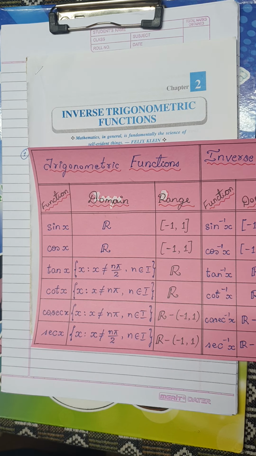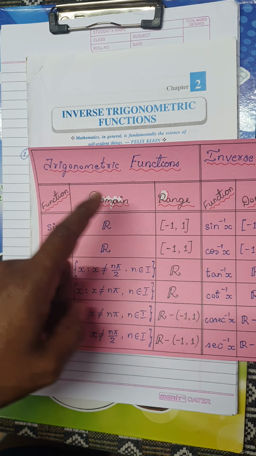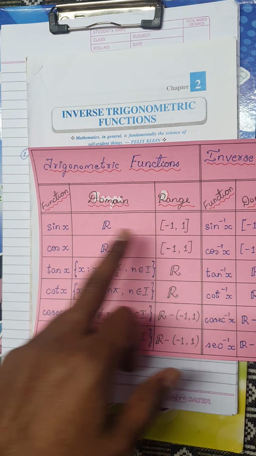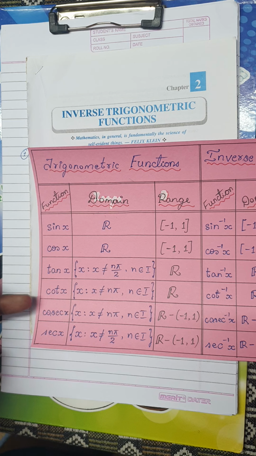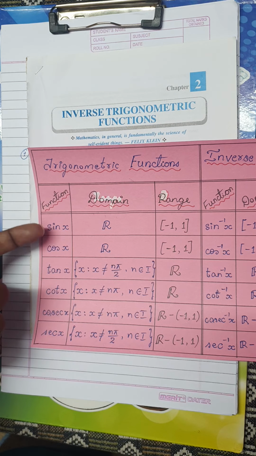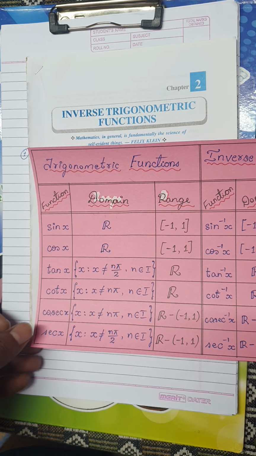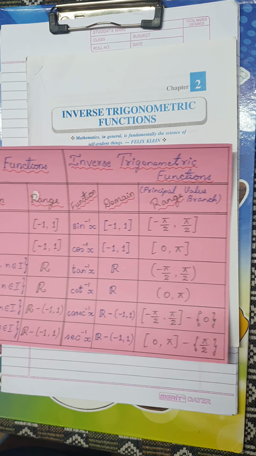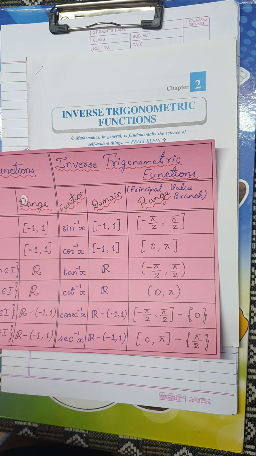First thing I want to tell you is it's always good to know the range and domain of the trigonometric functions first, because if you are comfortable with the range and domain of the trigonometric functions, then we define the inverse trigonometric functions.